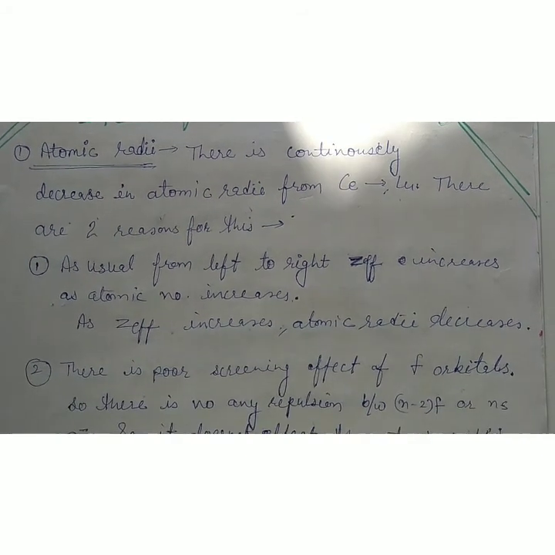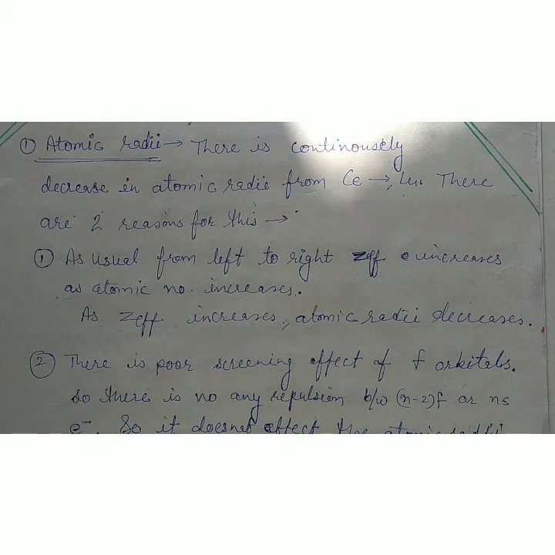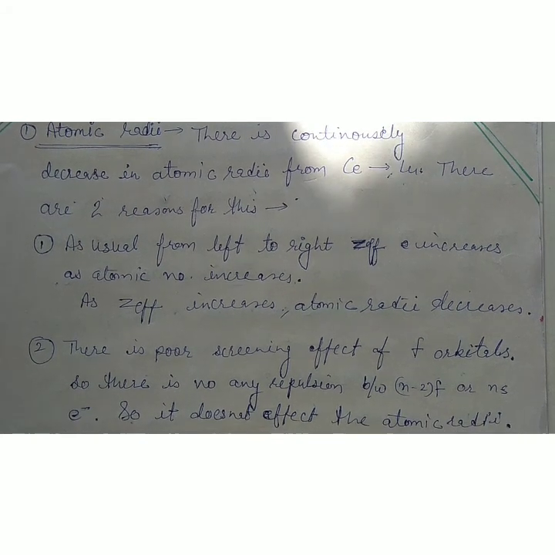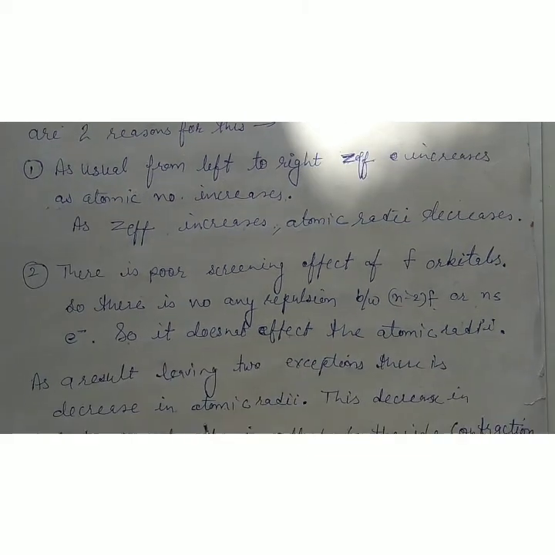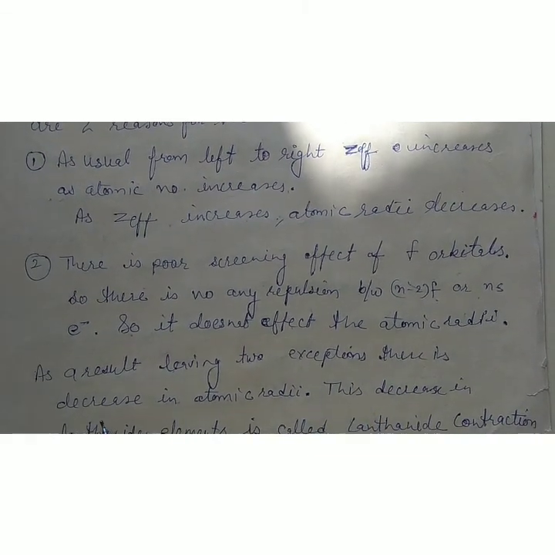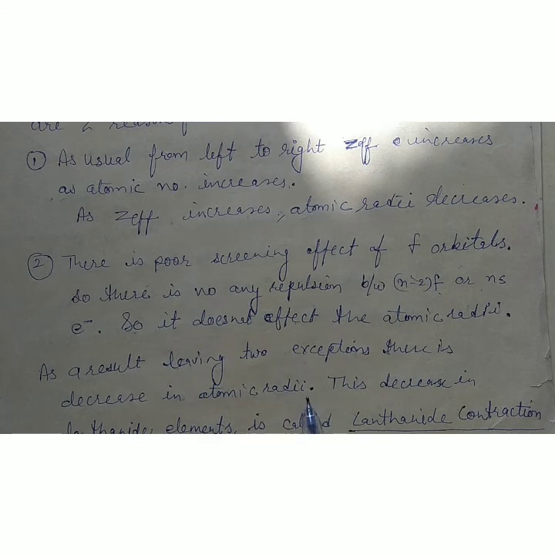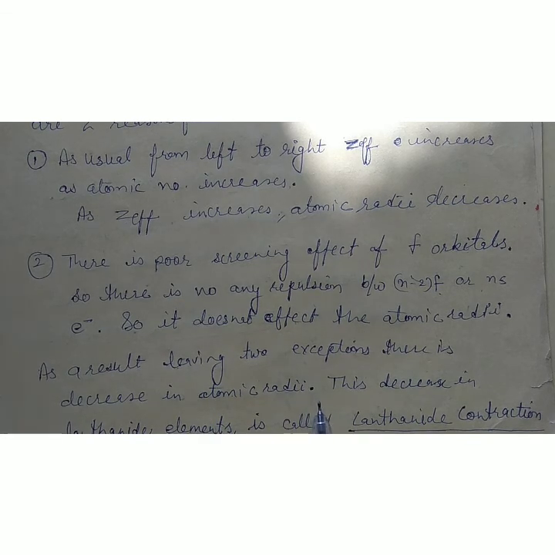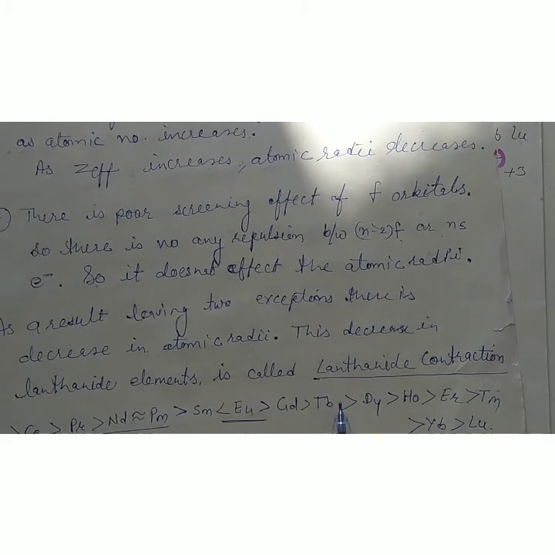The second is the poor screening effect of f orbitals, so there is no repulsion between n-2 f and ns electrons, so it does not affect the atomic radii. As a result, leaving two exceptions, there is continuous decrease in atomic radii. This decrease in lanthanoid elements is known as lanthanide contraction.